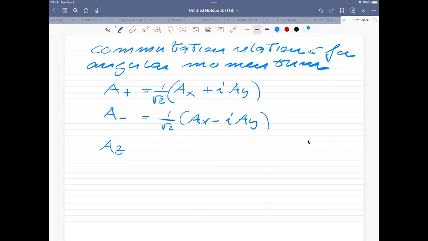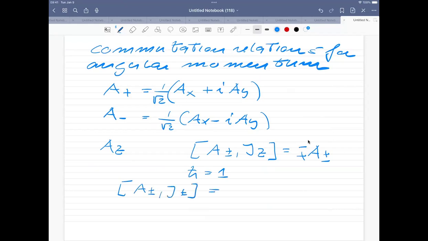And the commutation relations, which you may have seen, between, let's say, an operator for angular momentum, J_z, and A_plus/minus is equal to plus/minus A_plus/minus. I'm putting h bar equal to 1. I have A_plus with J_plus/minus.